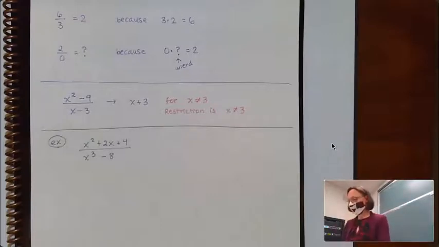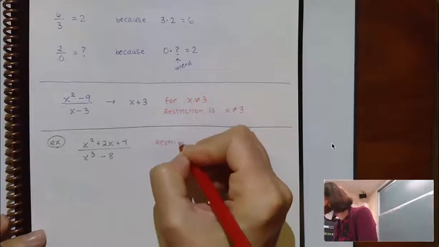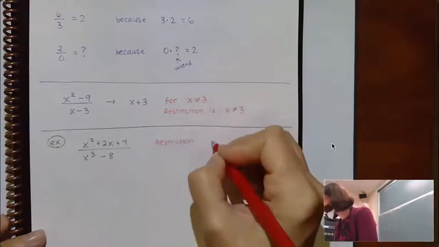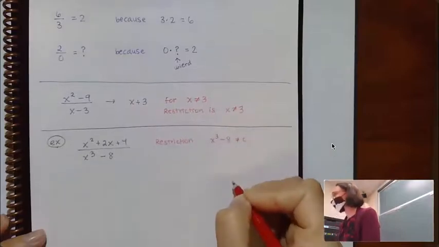I'm going to start by saying, okay, we've got a denominator here. So my restriction is that that denominator cannot be equal to 0.